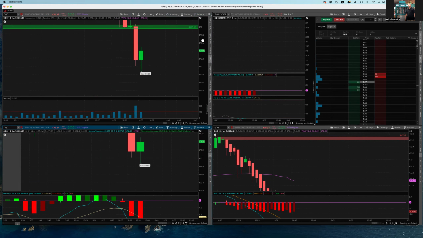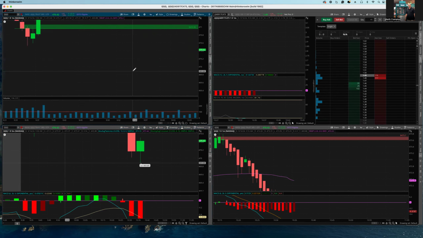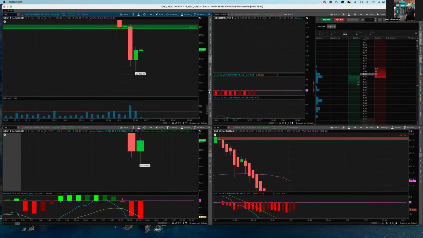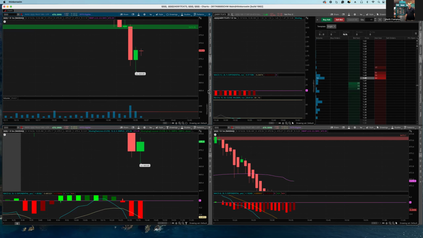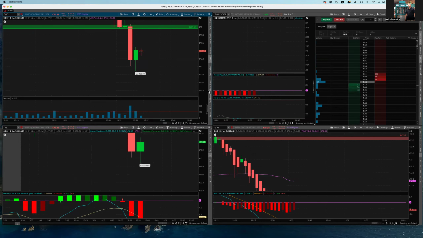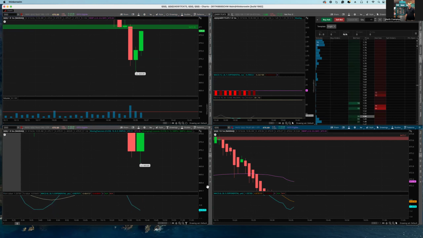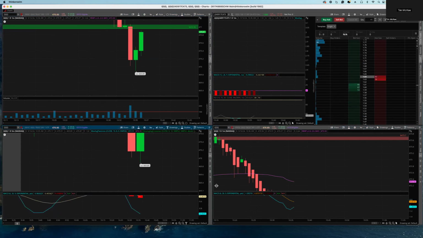You act like it's done that before or something. Yeah, the MACD's really flattened out. Actually starting to turn back up.